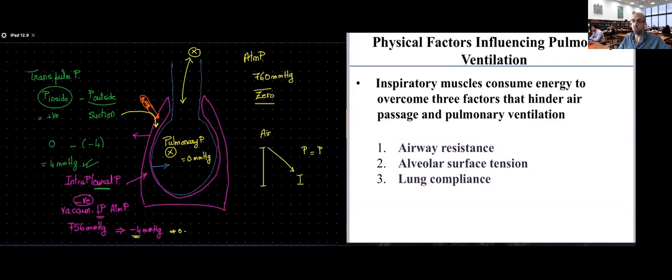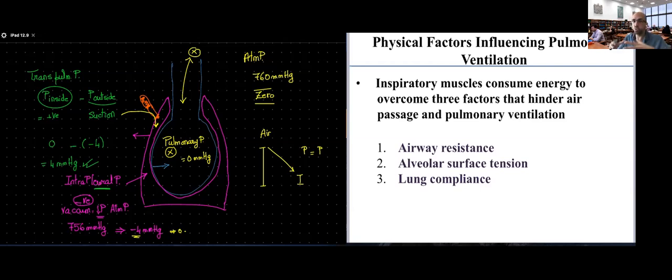So my lungs are inflated by a pressure of 4 millimeter mercury, which is simply the difference between the pressure inside and the pressure outside. Inside is a 0 pressure. I'm not pushing air inside, so the pressure inside is a 0. But outside of the lungs, I have a negative pressure, suction force on the outside.